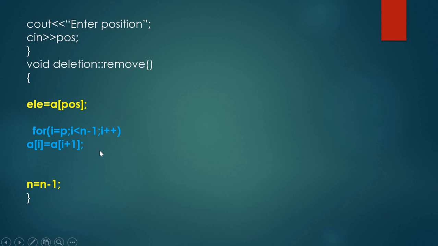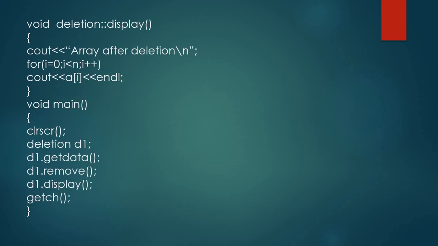After that we need to decrement the number of elements by 1. Then in the display process, we need to print the array after deletion. That is, for I is equal to 0, I less than n, I plus plus, cout A of I, which means we are printing all the elements after deletion.